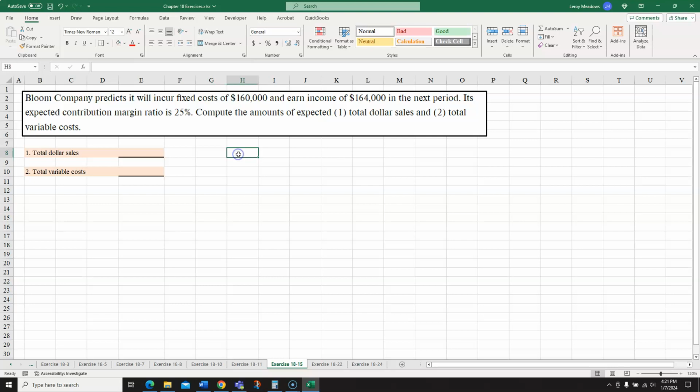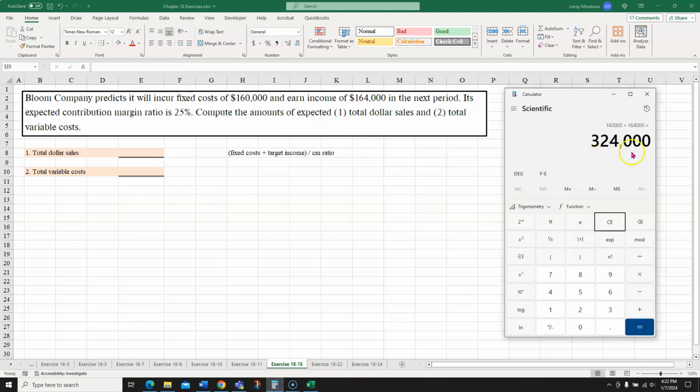So I'm going to put up here fixed costs plus target income, and I want to put a parentheses around that. It's going to be divided by my contribution margin ratio.